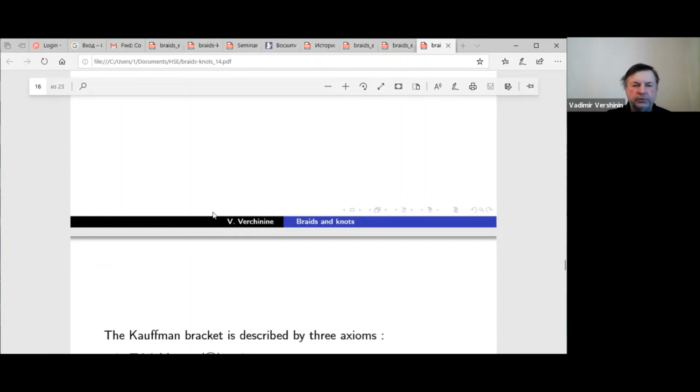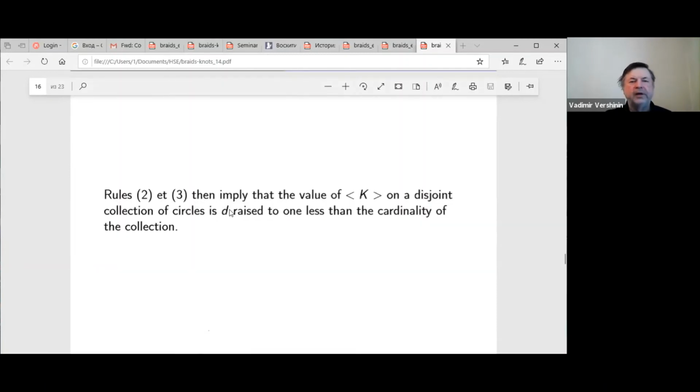That's why in Khovanov's theory it became more convenient to say that if you have n circles, then the invariant should be equal to d to the power of n, so the circle should be d. This is nothing but some convention.